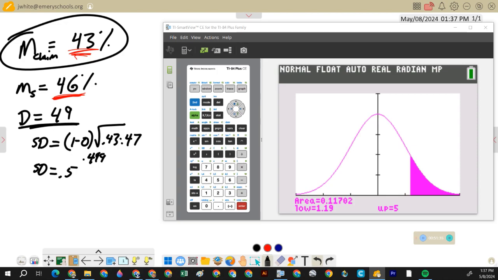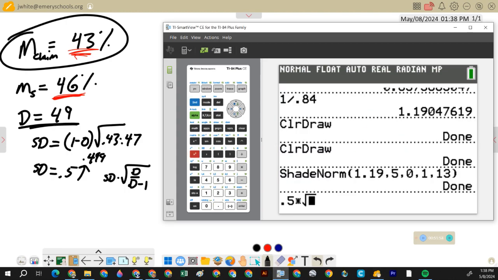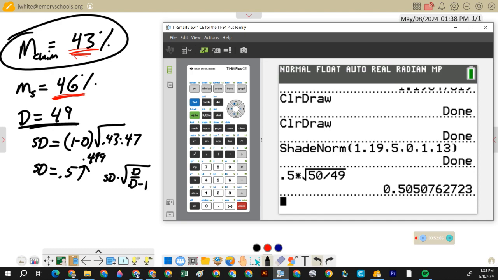And whenever I have draws less than 100, I'm not quite sure of my data. So I need to inflate this a little bit using the SD plus formula. So we take the SD and we times it by the square root of d over d minus 1. So 0.5 times the square root of 50 divided by 49. And that will inflate my SD just a little bit. It didn't have much of an effect in this case.